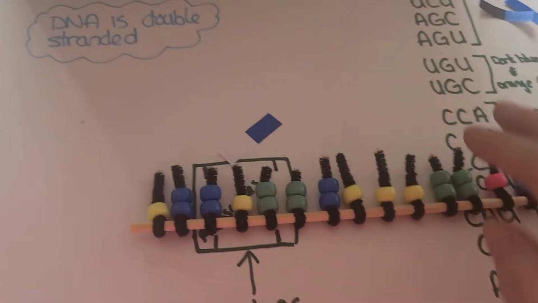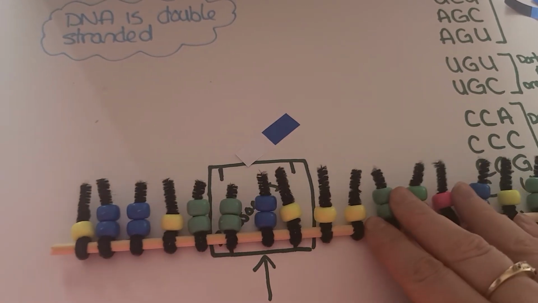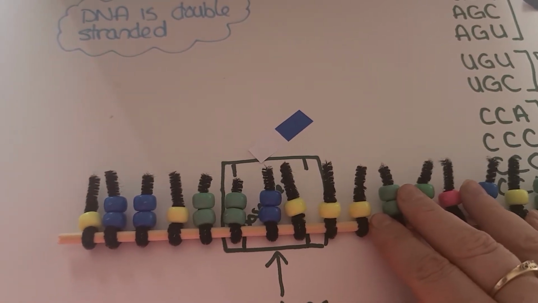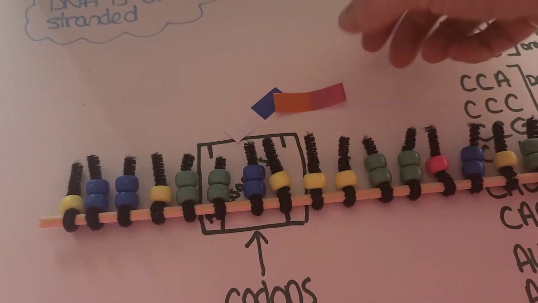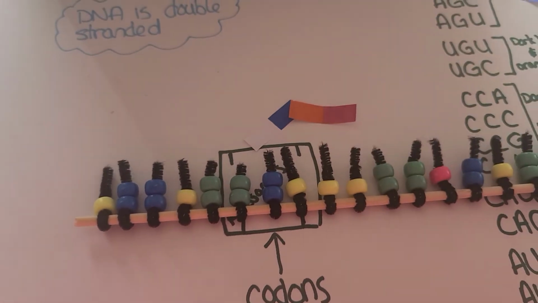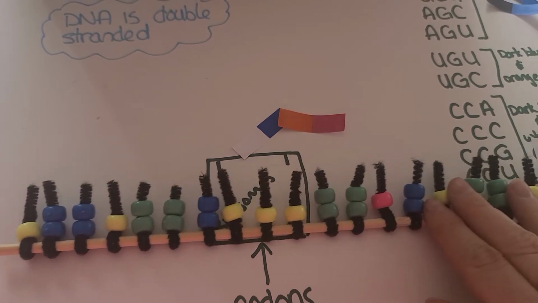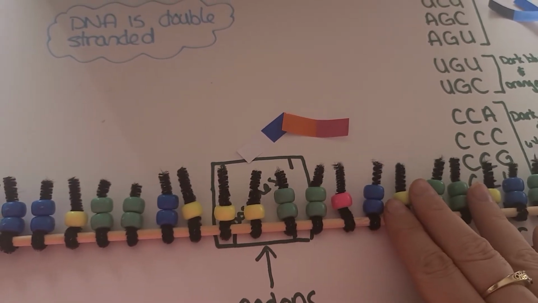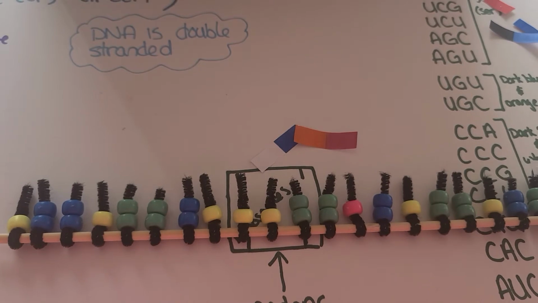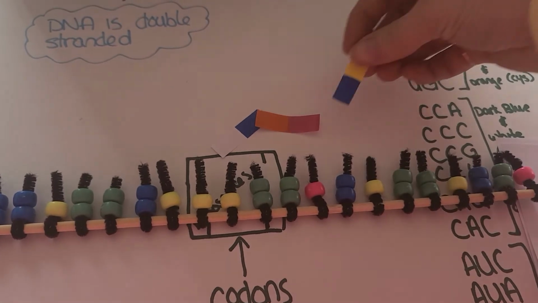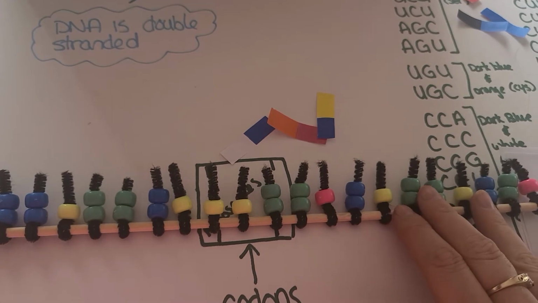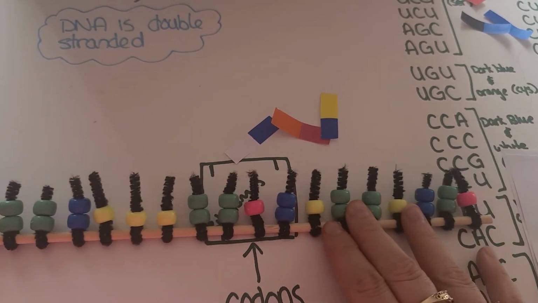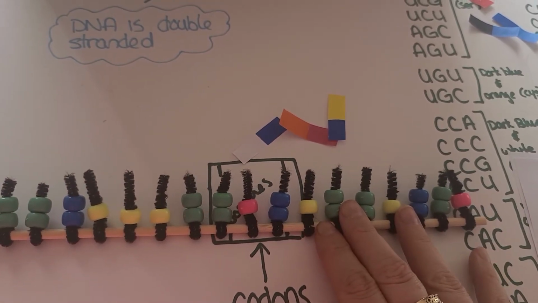So it moves to the next group of three. We've got GAU. That's this one, and it attaches itself there. And then it does the next three. We've got UUG. And then the next, which is GCA.